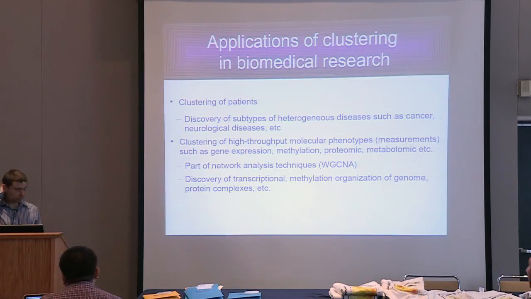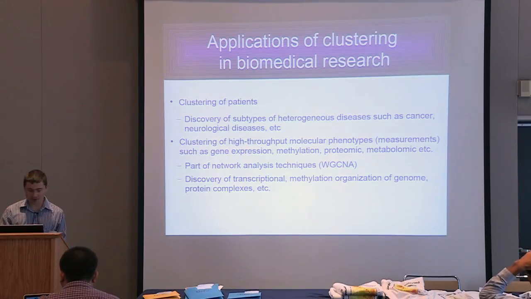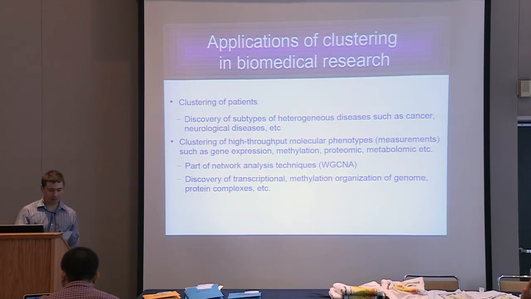Okay, so what can you do with clustering in biomedical research? You can take mainly two separate approaches. Because in biomedical research, when you have high throughput data, you have some patients that you collect the data from, and then you have a lot of variables that you collect.